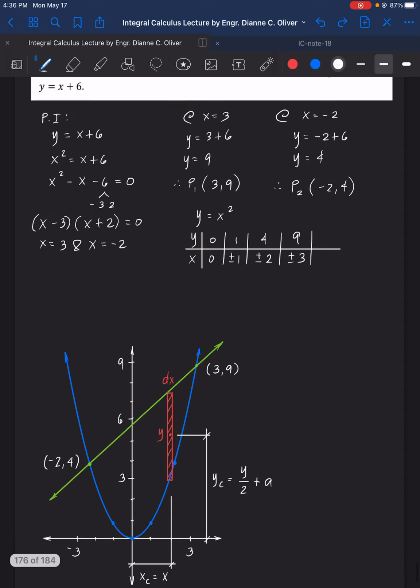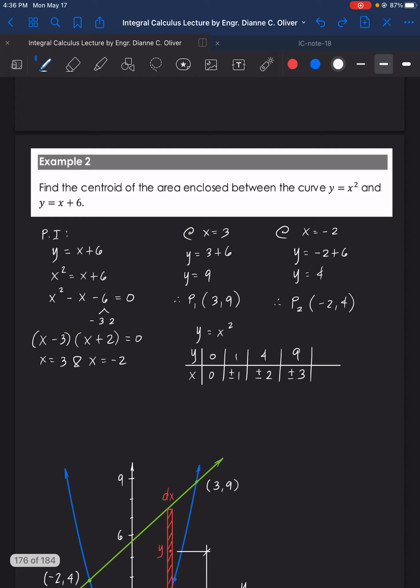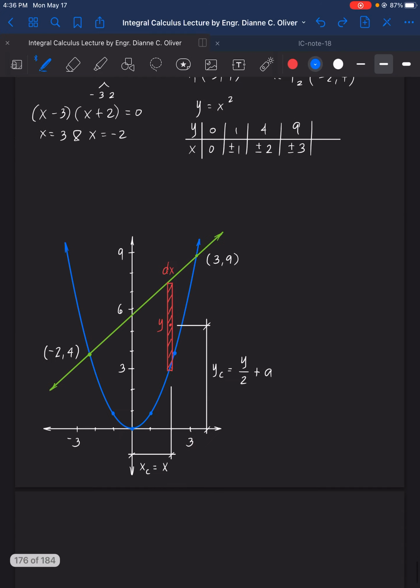So again, let's go back to the problem for us to get what we are looking for. It says here, centroid of the area enclosed between the curve. Okay, so that's correct. Enclosed in this curve and the line here.